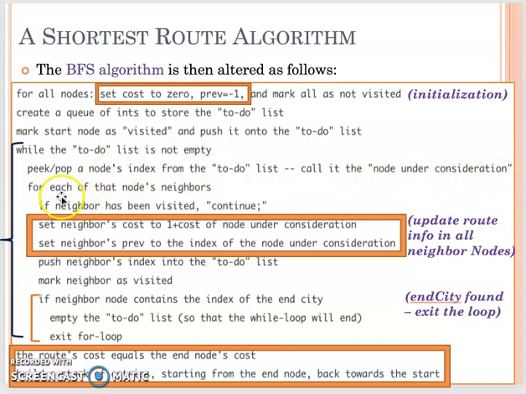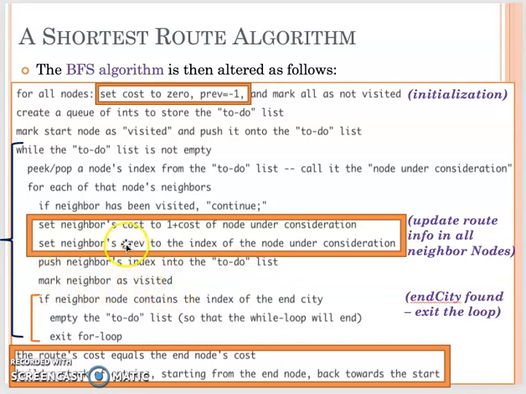Then you're still using the iterator to iterate through this considered node's neighbors. Remember, we say if the neighbor is visited, then we just continue, we skip this node. Otherwise, we push the neighbor's index into the to-do list, and then we mark the neighbor as visited.